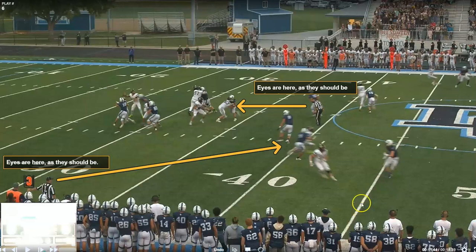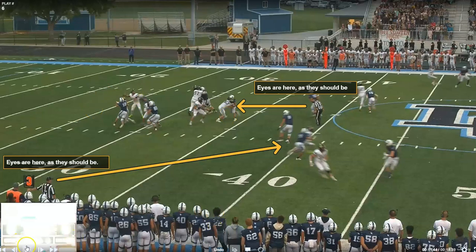So if we look, here's the eyes of our line judge, and they should be here. They should be watching receivers. Here's the eyes of our umpire, and they should be here watching blocking of the inside, the middle 3. Our referee is going to be watching this contact.